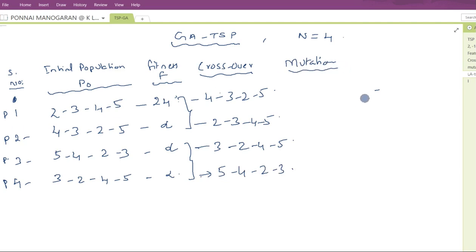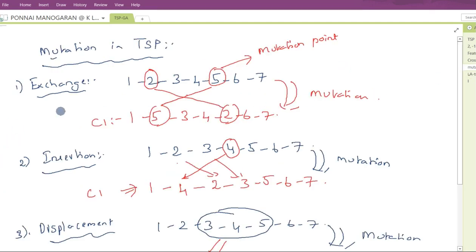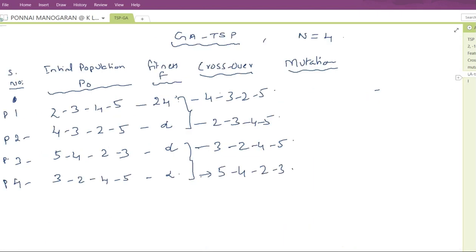Now the twist is, after crossover, you need to perform the mutation. We already discussed the mutation. I am taking a simple exchange type mutation here. So I am selecting these two positions for performing exchanging: 4 2 3 5. Similarly, you take randomly any two positions and perform exchange type mutation.